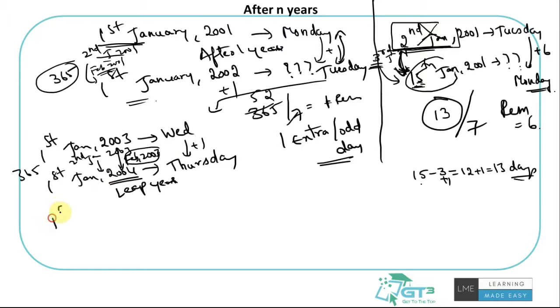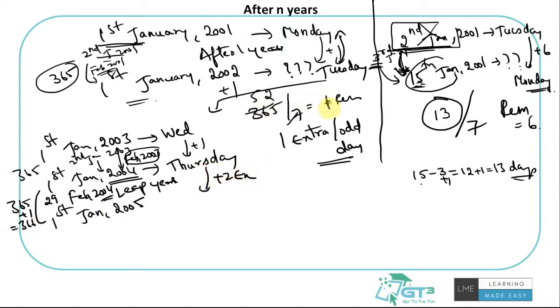When it comes to 1st Jan 2005, in these 365 days, which February am I observing? February 2004, which is a leap year February, so that is 29 days. So I should technically see plus 1, that is 366 days. That means there will be 2 extra days.